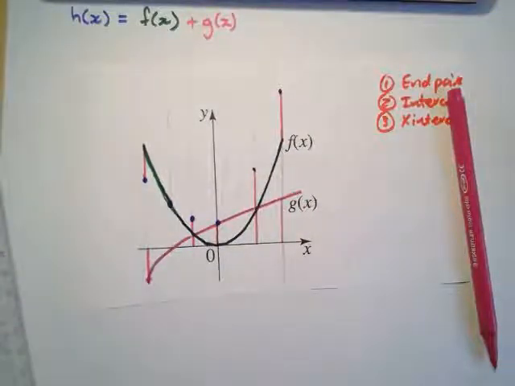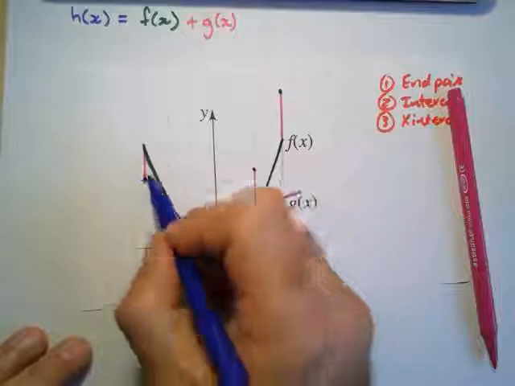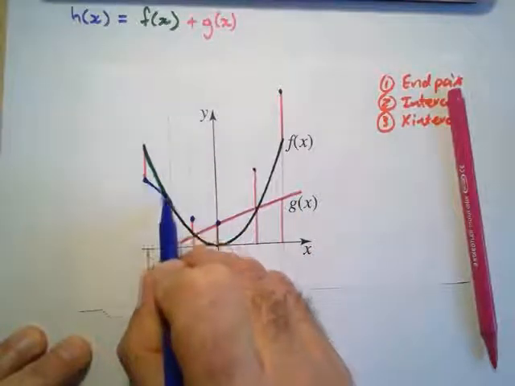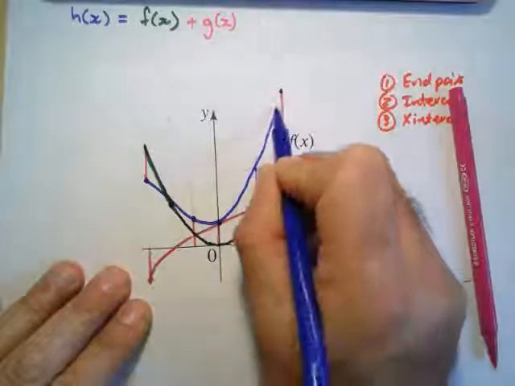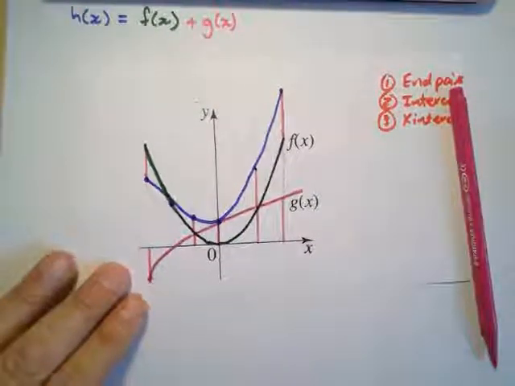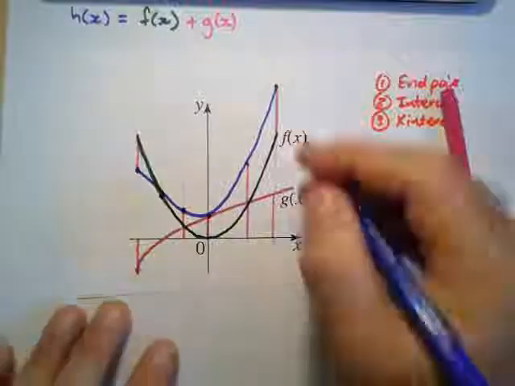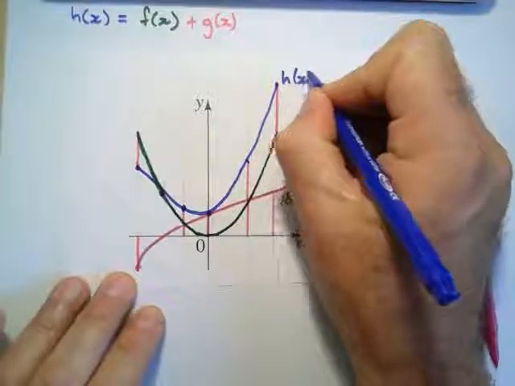So my graph will look something like this. And that will be my h(x).